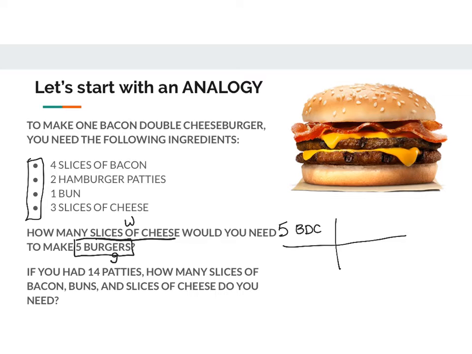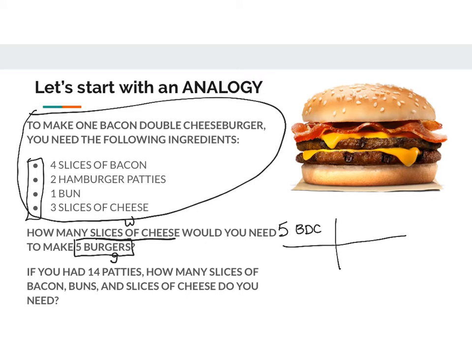Now, we know that to get from your given to your wanted, you need to have a conversion factor. The conversion factor that I would use is going to come from this recipe. So I can make what I like to call an equal statement or a conversion factor from this recipe, because I know that for every 1 bacon double cheeseburger, I'm going to need 3 slices of cheese.